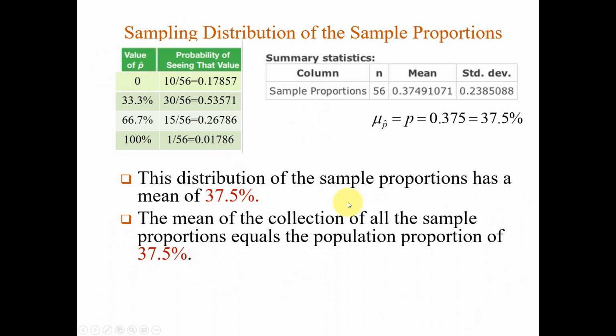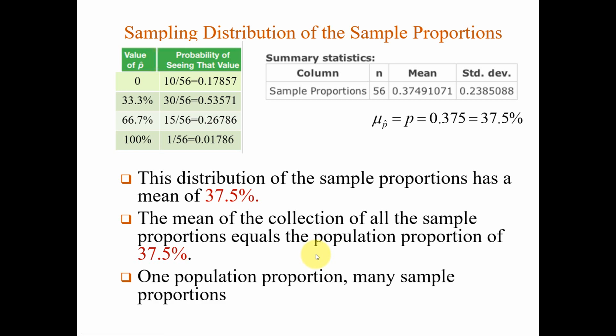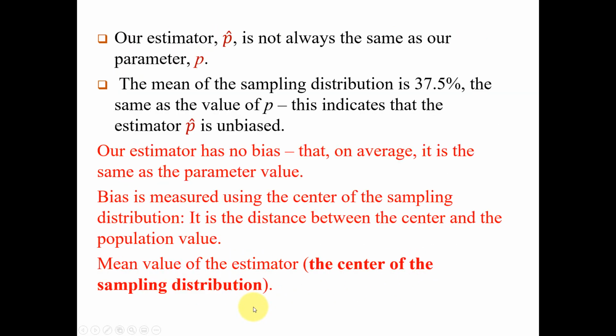The mean of the collection of all sample proportions, every single sample, if you were to calculate a weighted mean, would be this 37.5. In other situations it doesn't have to be that, but it would be equal to the regular P. So to explain this a little more, one population proportion, many sample proportions.